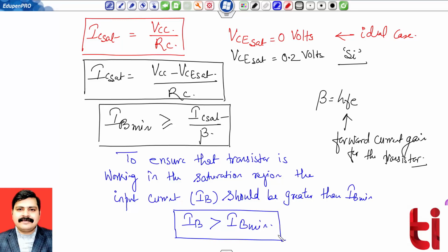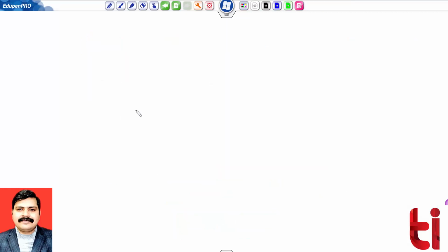Okay, so let us find the value of the resistances when the transistor is working in on condition and off condition.